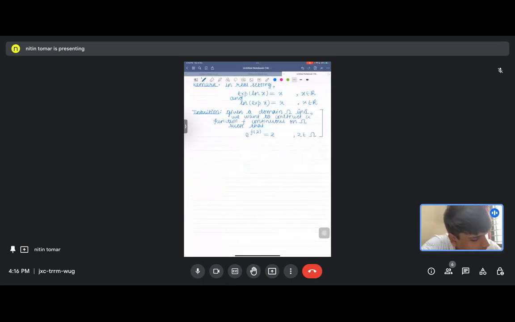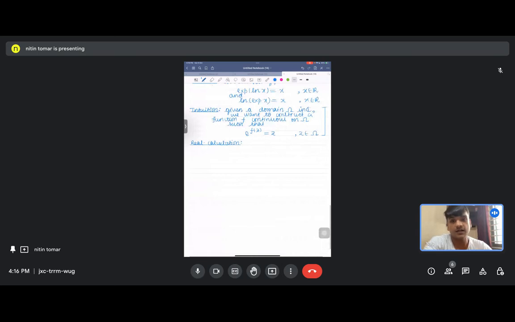Now if you follow the calculation of real numbers, before learning any part, we should know what the motivation is. So I'm trying to build up that motivation. I don't know if I'll be able to succeed or not, but let's see what happens. So in real calculation, we know e^f(x) will be x.